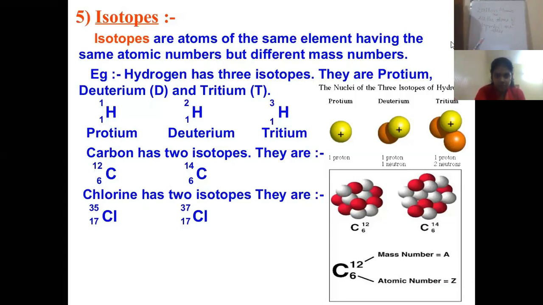They are the same in each and every aspect. Their number of protons is the same, their number of electrons is the same, their atomic number is the same, and their mass number must be the same as per Dalton's atomic theory.